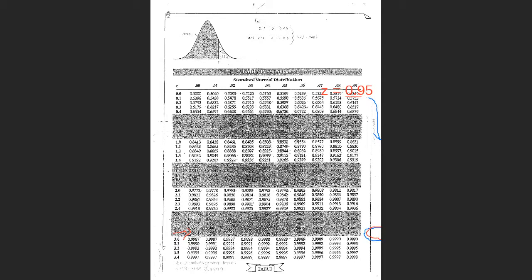Notice that's more than half. It should be because we are past the mean. Remember, the Z-score of 0 would be right here in the middle. That would be 0 right there.